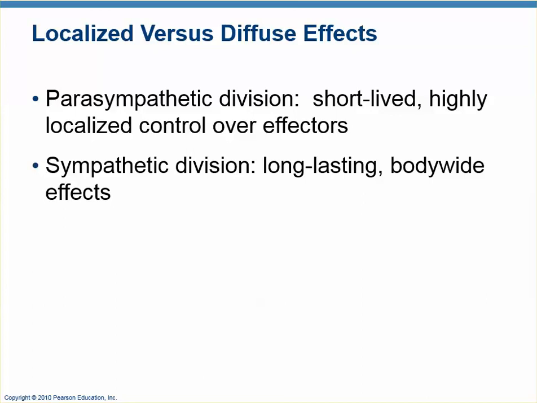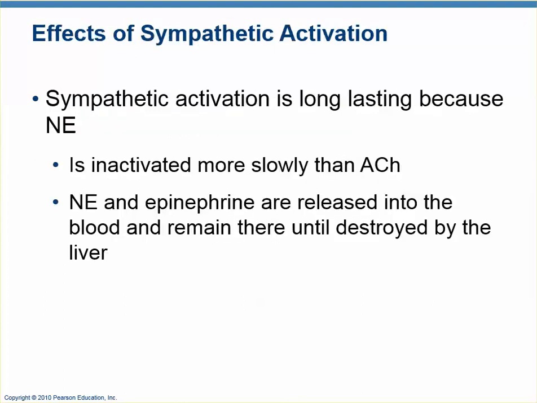If you're stressed, you really need to stay stressed until the threat's over. It all has to do with removal of epinephrine and norepinephrine versus acetylcholine. Acetylcholine gets removed quickly. Epinephrine and norepinephrine stay there until the liver takes them away, so that takes some time.